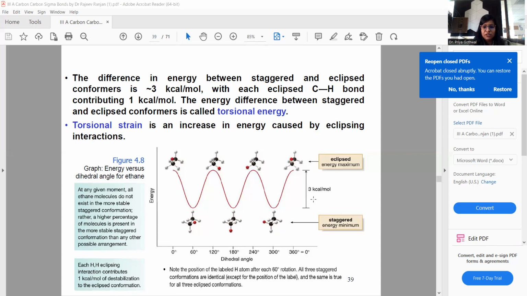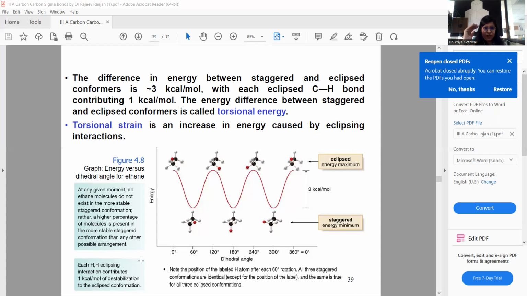This is an energy difference of a total of 3 kilocalories per mole. The eclipsed energy is a maximum, as we can see from this graph, and the staggered energy is a minimum, pointed at a lower state. So each H-H eclipsing interaction contributes 1 kilocalorie per mole of destabilization to the eclipsed conformation. At any given point, not all ethane molecules exist in the more stable staggered conformation.